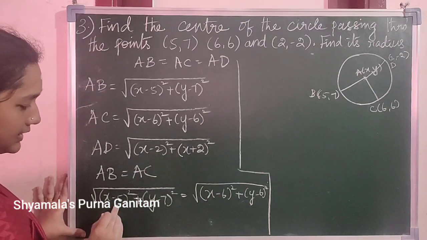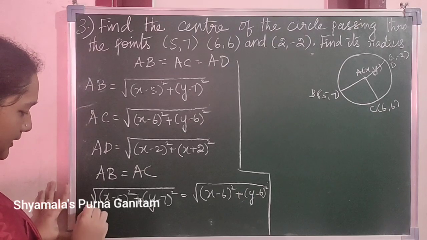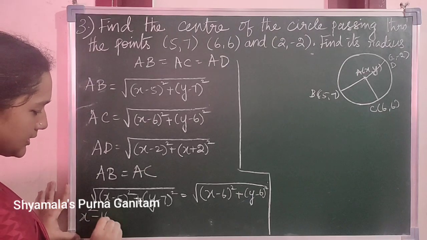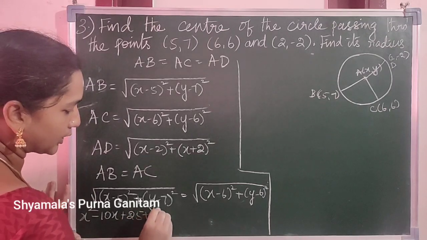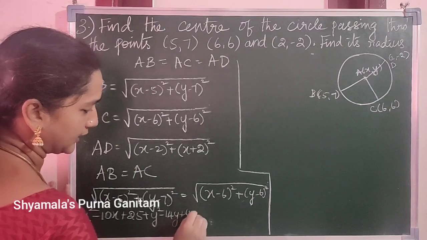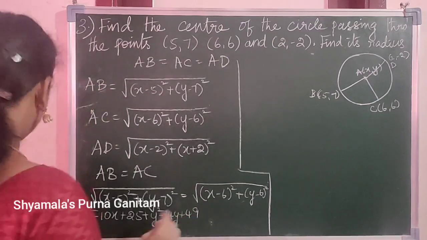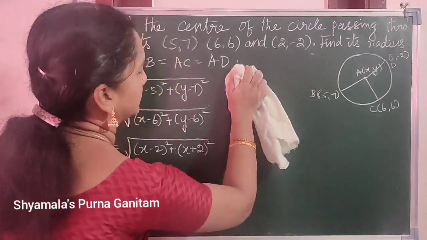The balance will be x minus 5 the whole square. I am expanding this: x squared minus 10x plus 25 plus y squared minus 14y plus 49. I will write the other side. AB is equal to AC.